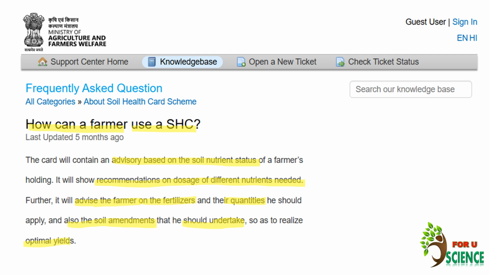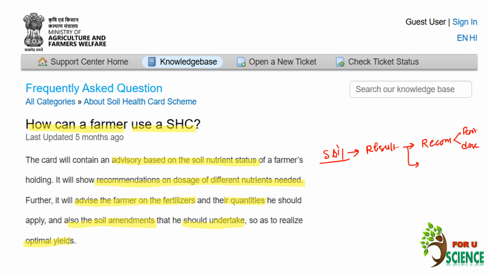So how will it work? They will check the soil, then they will analyze the soil. There will be some result. From the result, there will be some recommendation of fertilizer as well as nutrient dose.